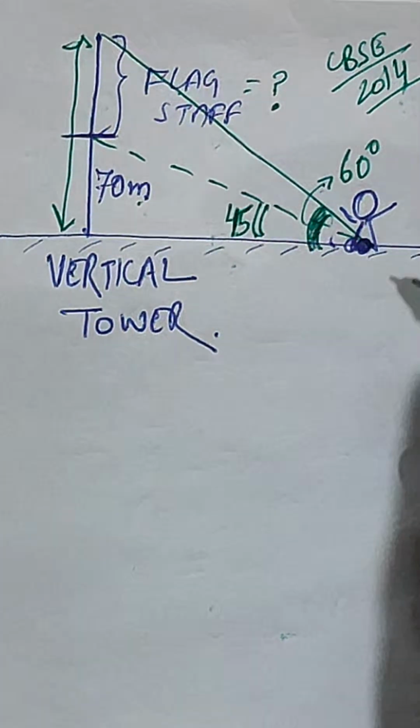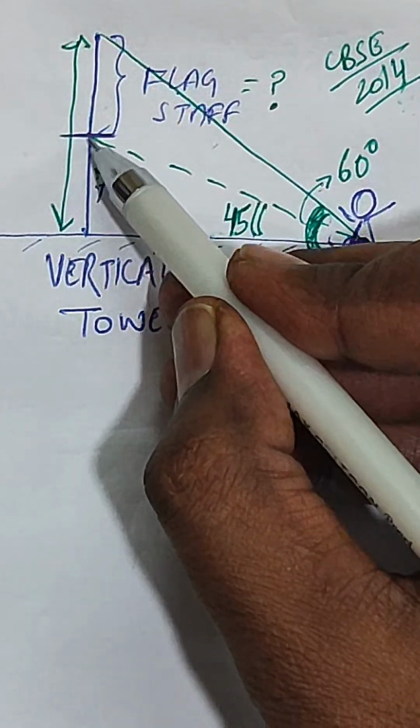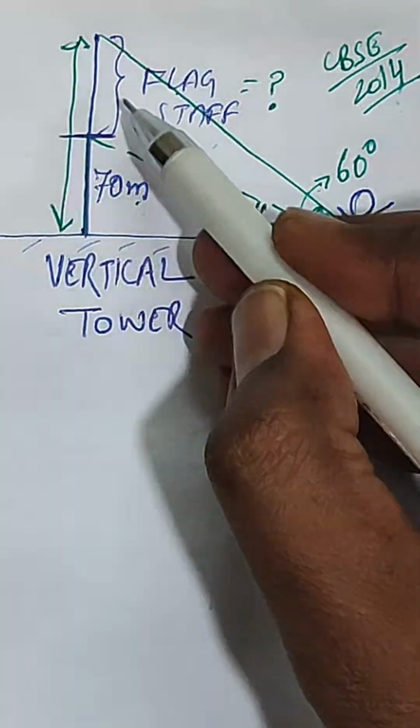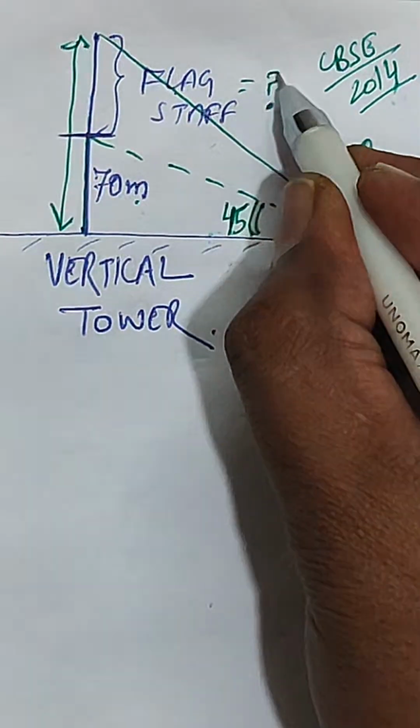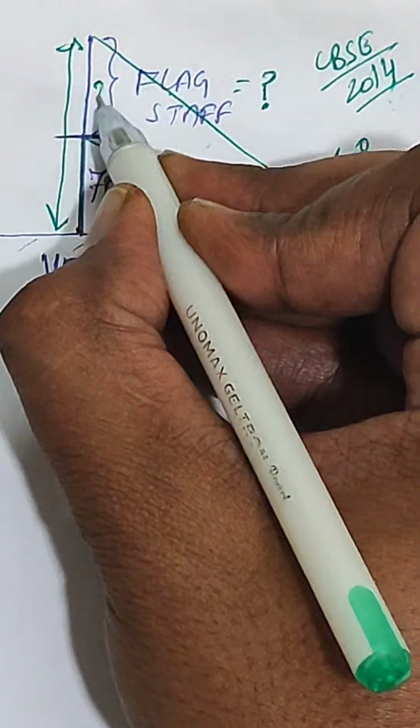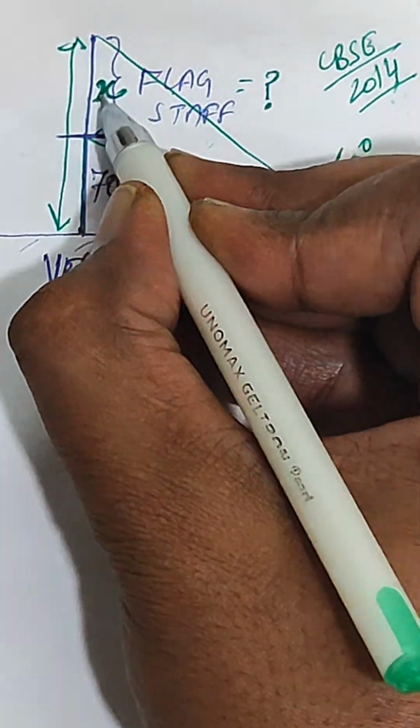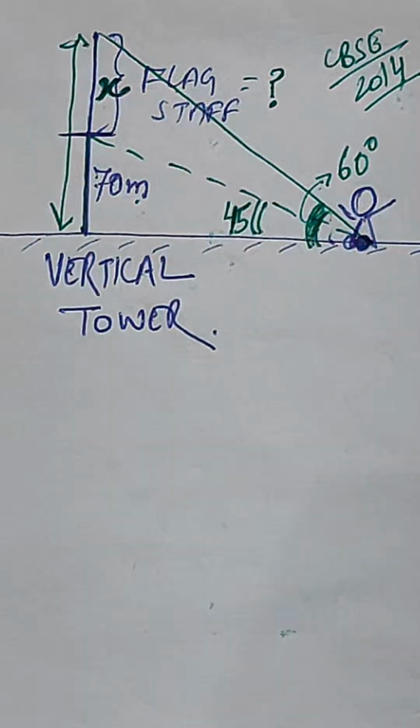So students, as I said, in this question you do not know the height of the flag staff, and that needs to be calculated. Okay. So let us assume the height of the flag staff is x. Let us assume this as x.